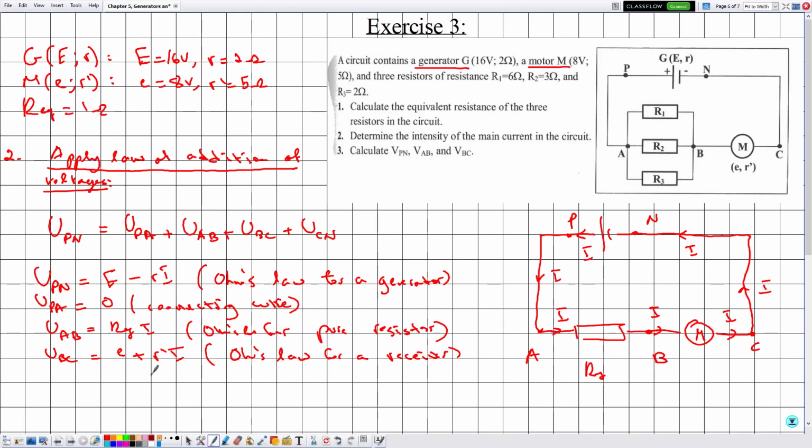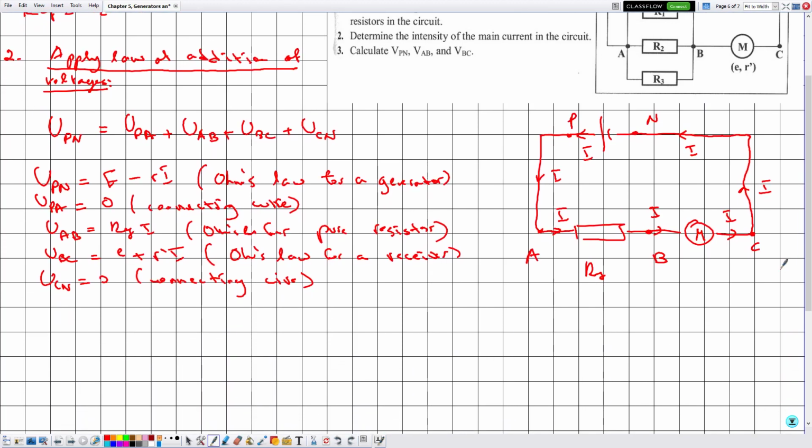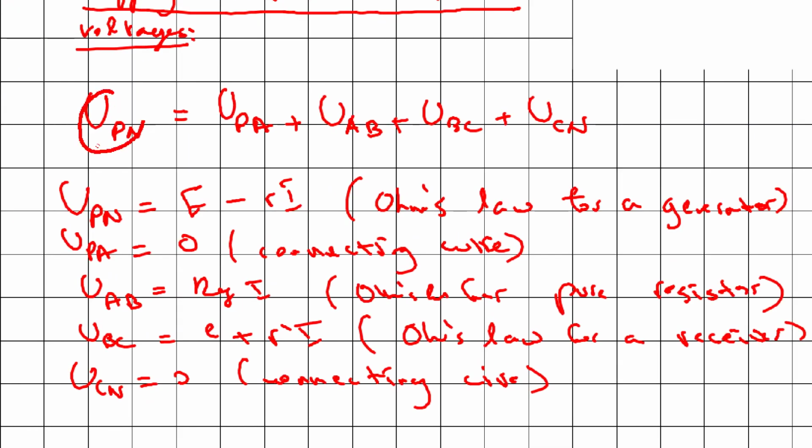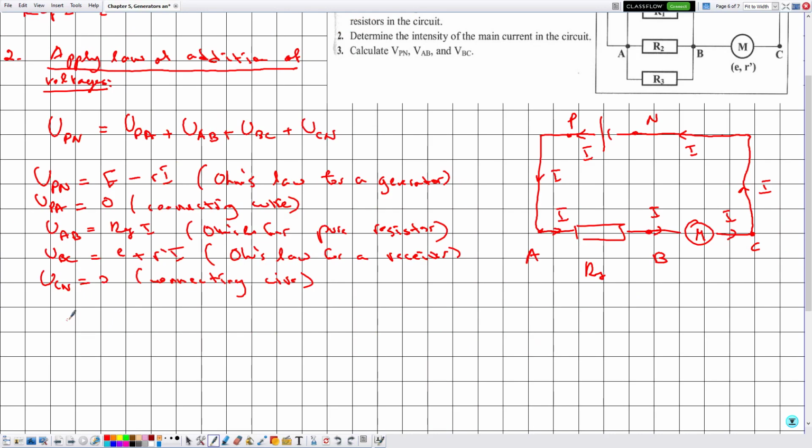And finally, as for the voltage UCN, this is equal to 0, and the reason is that it is given by a connecting wire. So now what we will do is replace all of these expressions in this equation and solve for I. Instead of UPN, we replace E minus ri.